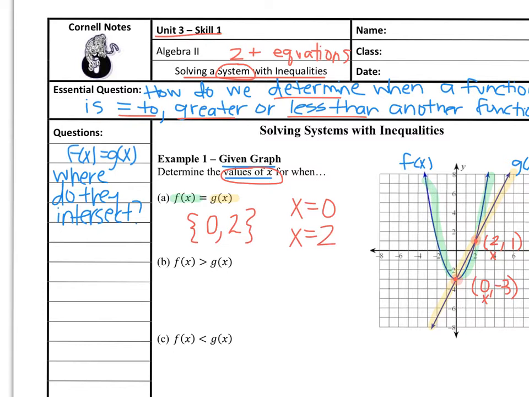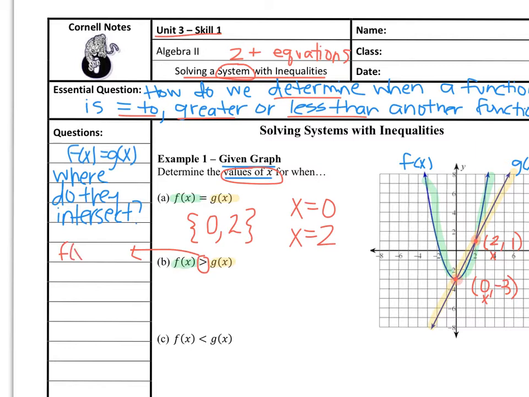For the next one it says, where is f of x, whoops, we want the highlighter there. We want when f of x is greater than g of x. If you don't recognize that symbol or forgot what it means, this is greater than.